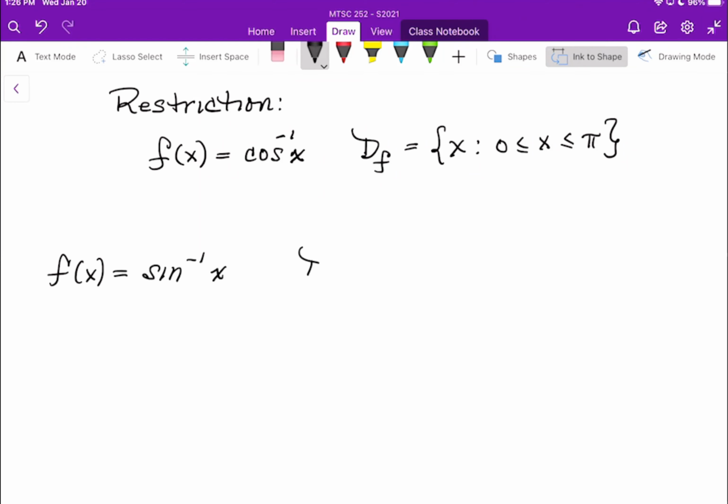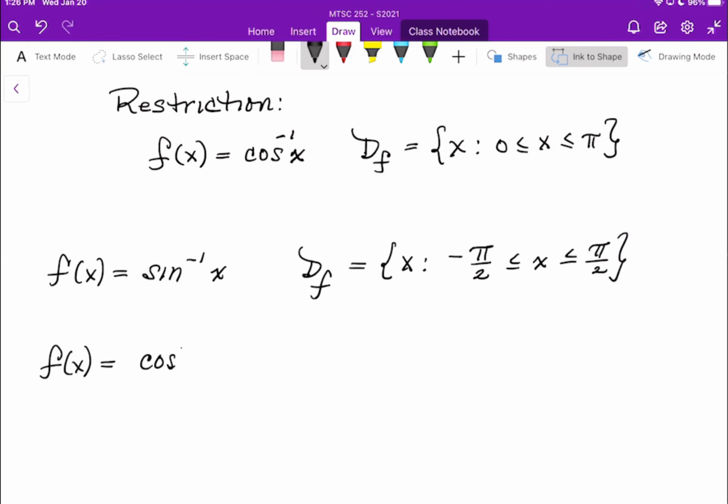We know its domain, the set of all x such that it goes from minus pi over 2. We know cosine. So the cosine inverse, its domain, we already said, I just wrote it, was 0 to pi.